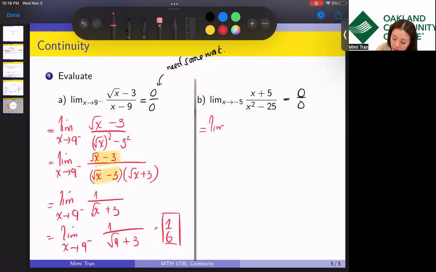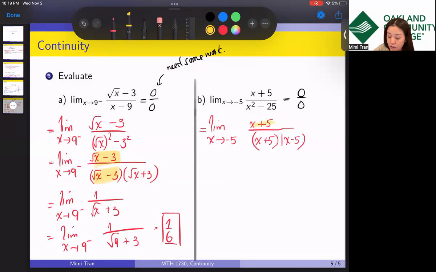Right. The limit as x approaches -5. This time it's -5, not from the left or from the right. It's from both sides of -5. x plus 5 on top, there's nothing I can do, but on the denominator, I can factor that, right? So it'll be x plus 5 times x minus 5.